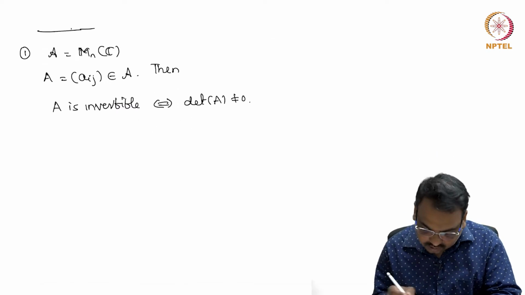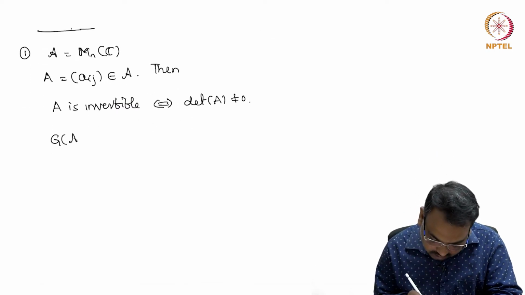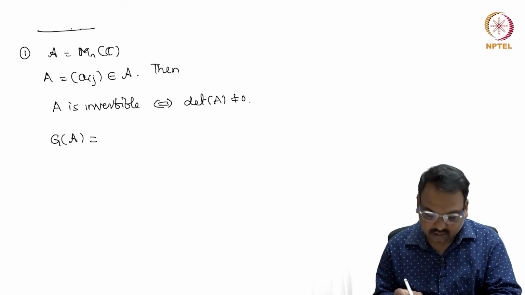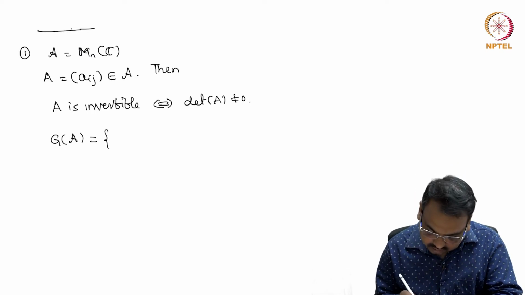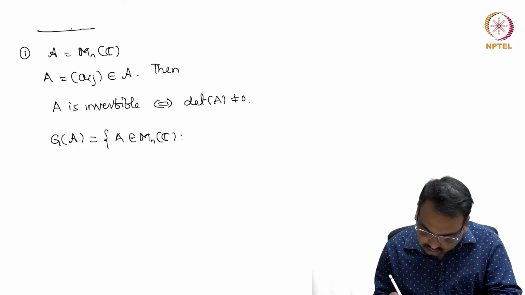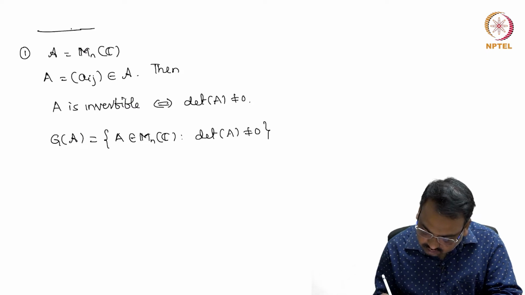So in this case, G of A is nothing but the set of all a in M_n(C) such that the determinant of a is non-zero.